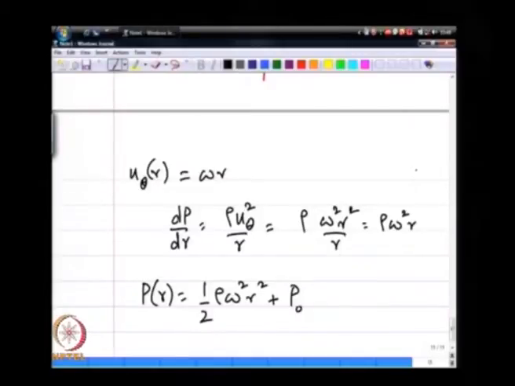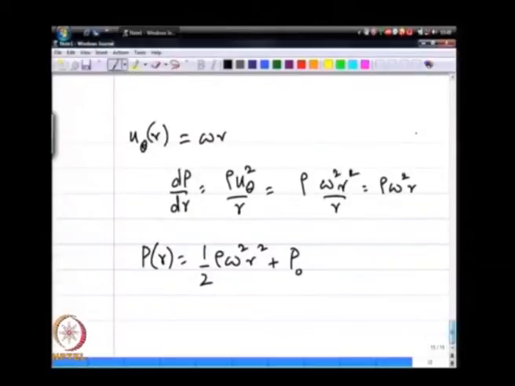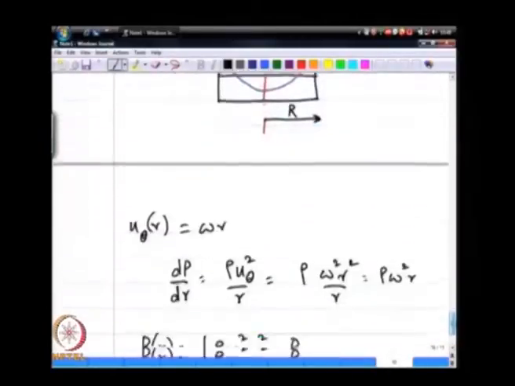Okay. Now, this is the case with no gravity included in this equation.